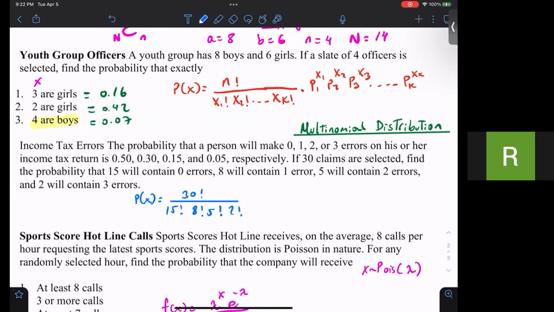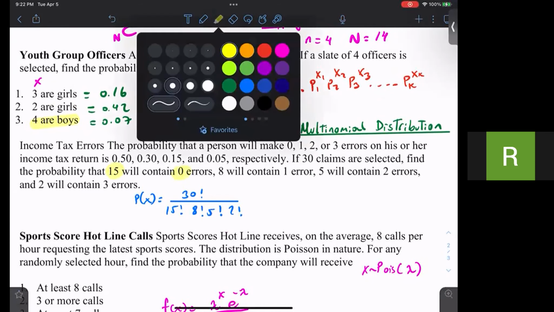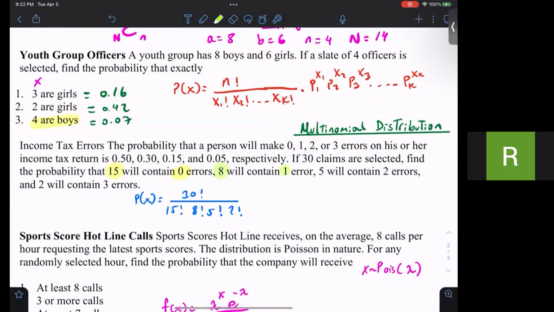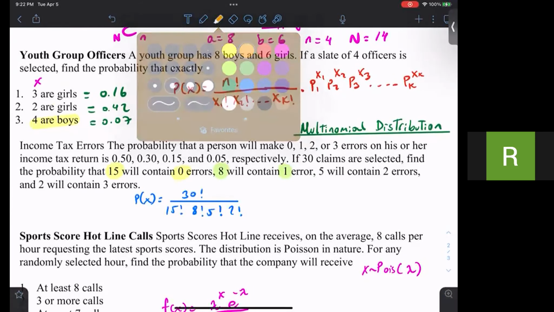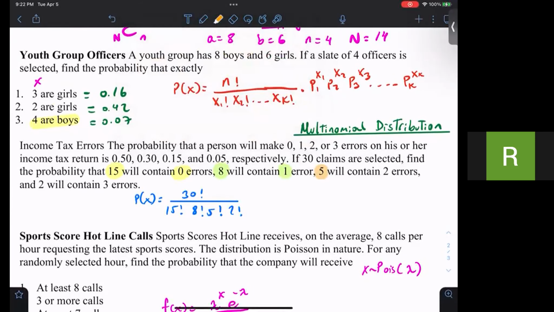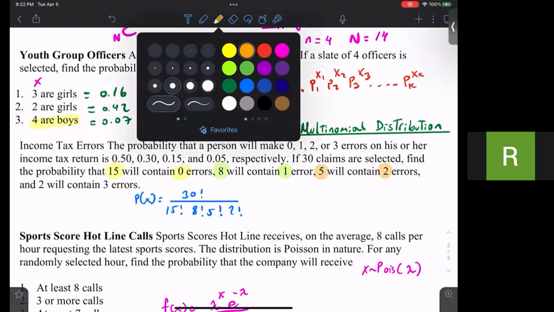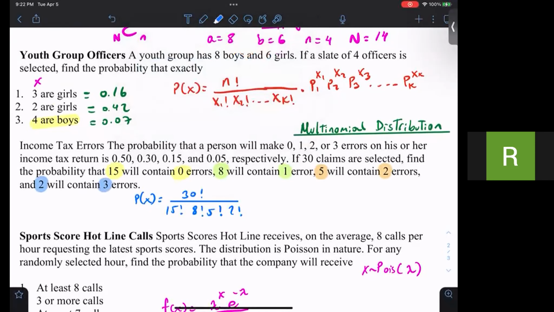Because 15 will contain 0 errors, 8 will contain 1 error, 5 will contain 2 errors, and, in blue, 2 will contain 3 errors. Basically, I'm using the first numbers, because that's the probability that 15 claims will have 0 errors, 8 will have 1 error, 5 will contain 2 errors, and 2 claims will contain 3 errors.